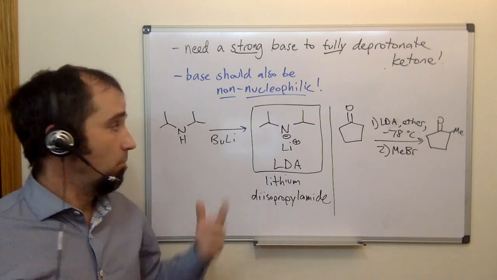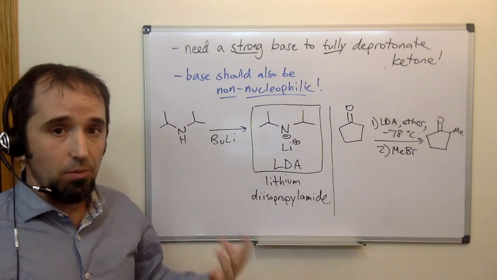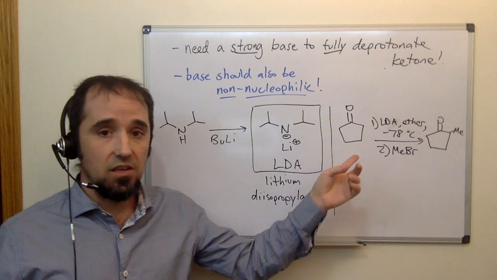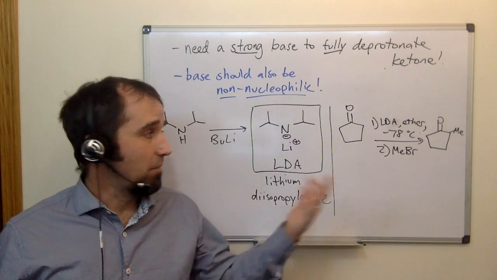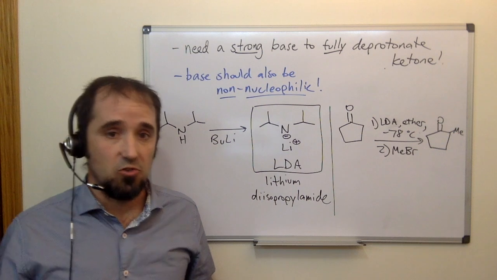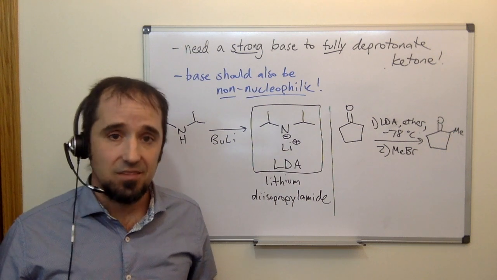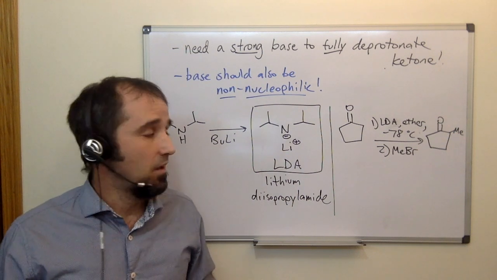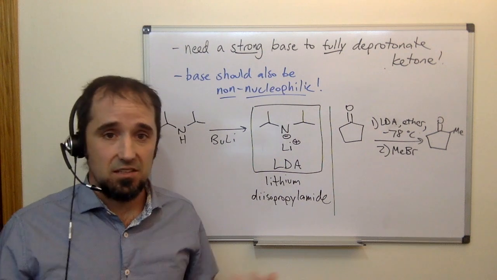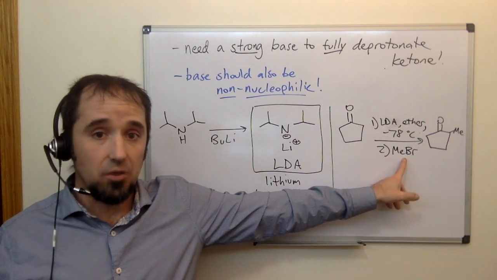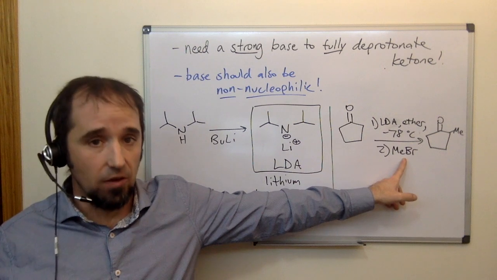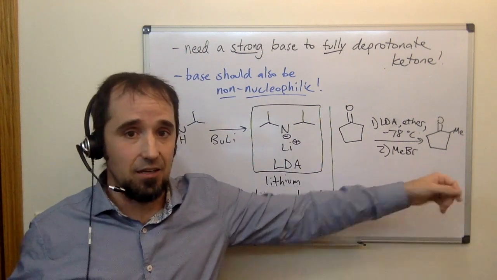So we'll either make LDA ourselves or buy it, and then we'll treat our ketone with LDA in ether at very, very low temperatures. -78 happens to be where a dry ice acetone bath lies, so that's usually the number that comes out. It's a very fast reaction, takes minutes, and then you add your alkyl with a leaving group, bromide, iodide, chloride, and you, again, can make that bond.